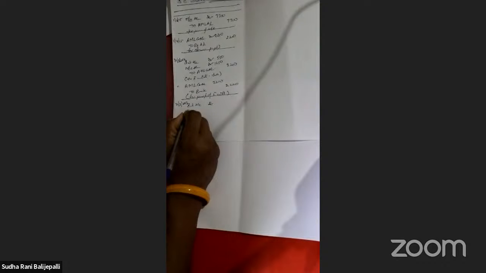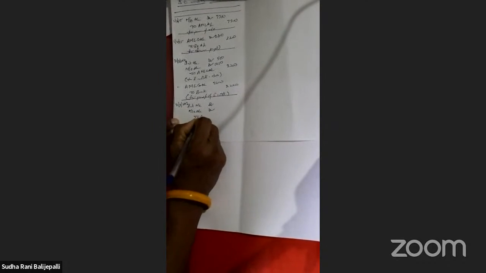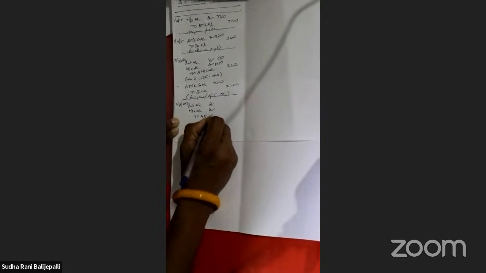Same way, for the second year ending 2017, two entries will come with different amounts. Interest account debit, machine account debit, to Automated Machine Tools Limited Company account.